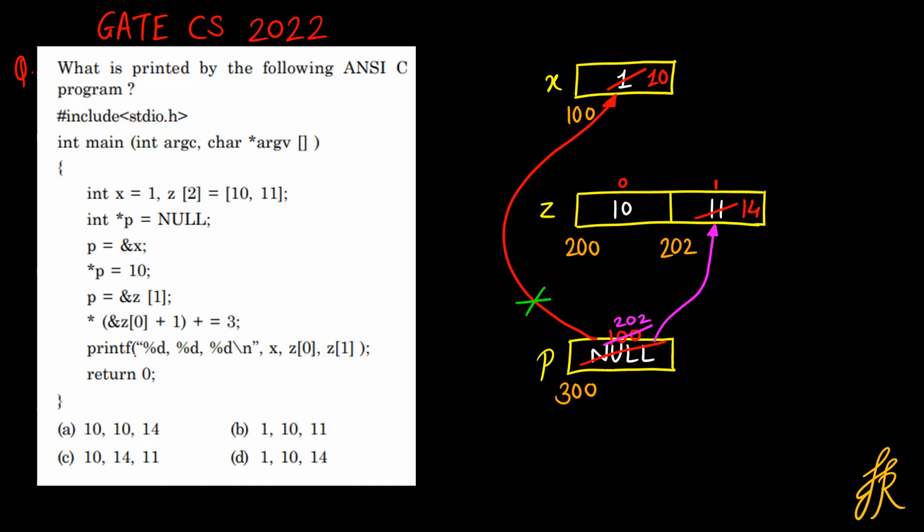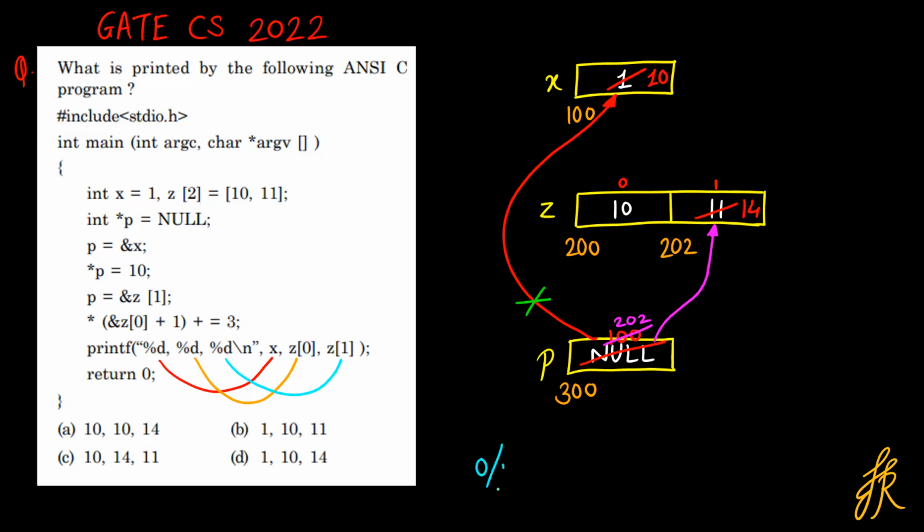Fine. Now what is getting printed? %d is a format specifier for integer. Initially we are trying to print x, then this one is for z[0], and this %d is for z[1]. x is containing 10, so 10 will be printed.